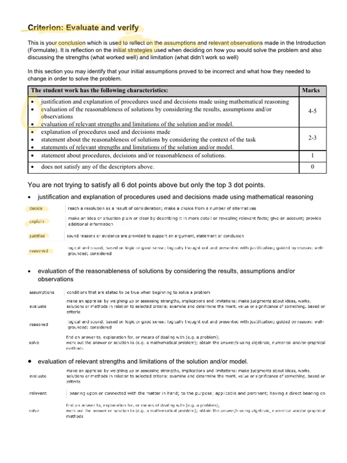So your conclusion is a revamp of your introduction, reflecting on what worked and what didn't work. That makes sense? So here I've got a little note. In this section you can identify that your initial assumptions proved to be incorrect and how they needed to be changed. Strengths is what works well, limitations what didn't work so well.